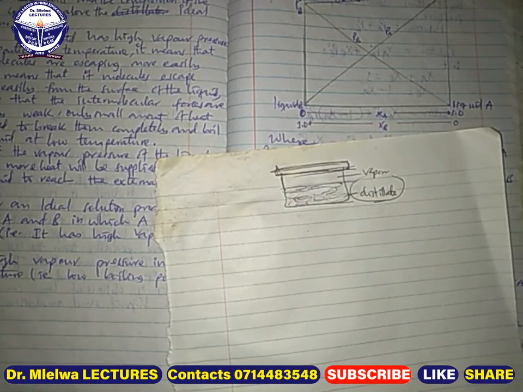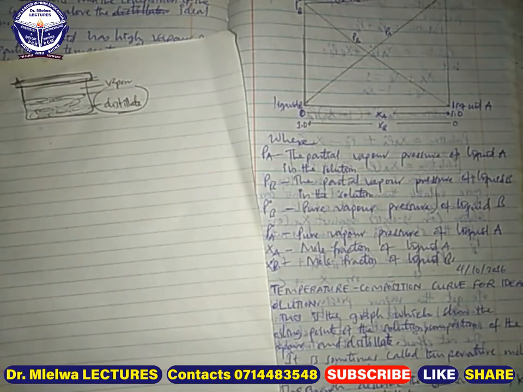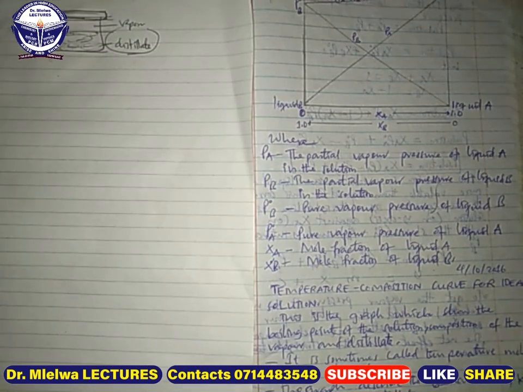We shall see later the true meaning of a distillate. Distillate is simply the solution which undergoes distillation, because in the temperature composition curve, as we study later, we see the behavior of ideal solution in a distillation. So we will have a vapor and we will have the distillate.